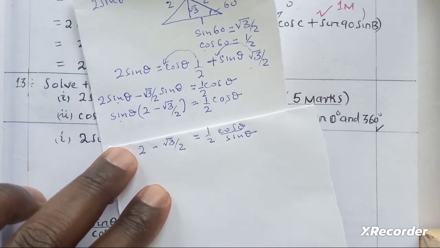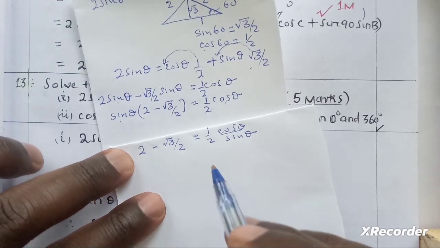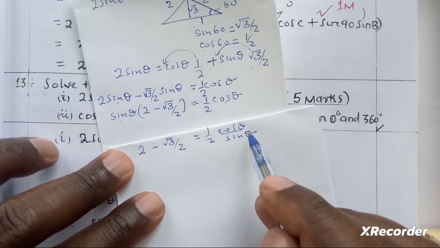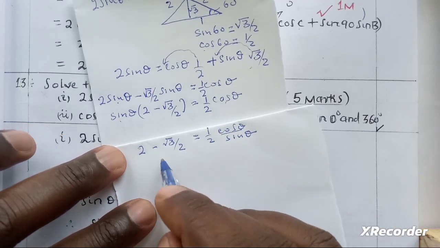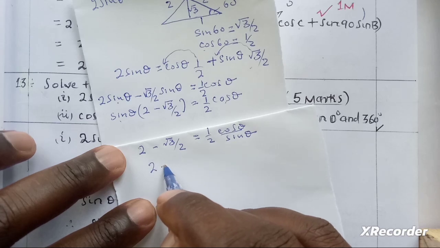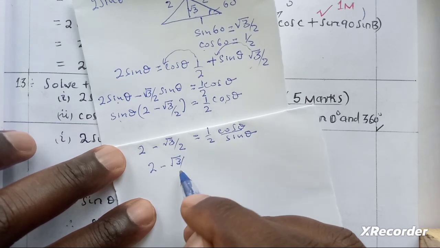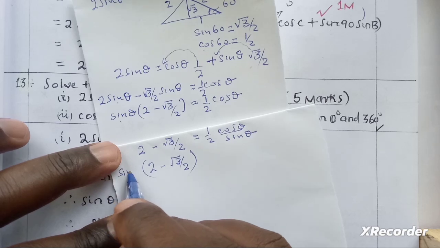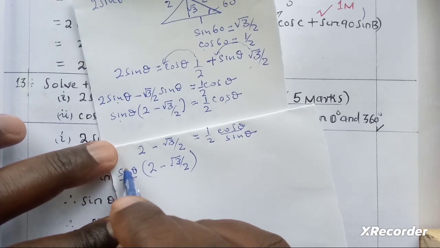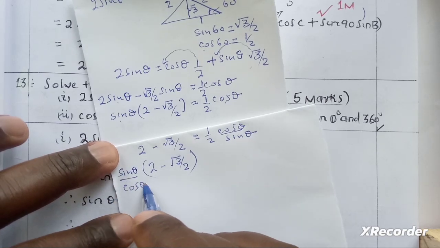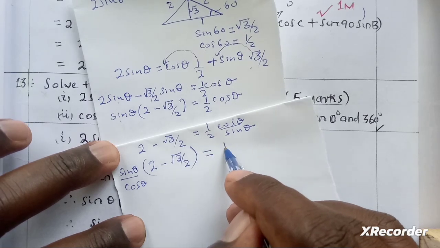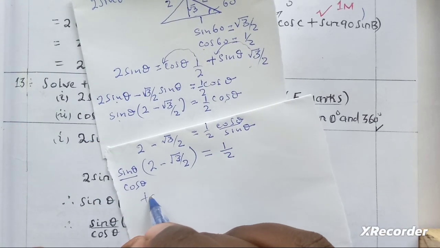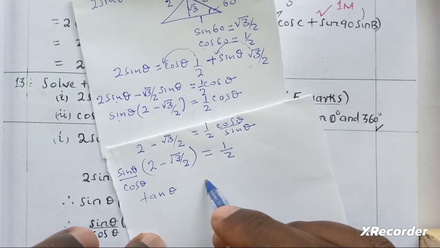Instead of putting them like that, we can put them this other side, so that we have sin as the numerator, and then cos theta. This one will give us a half. So this is tan.